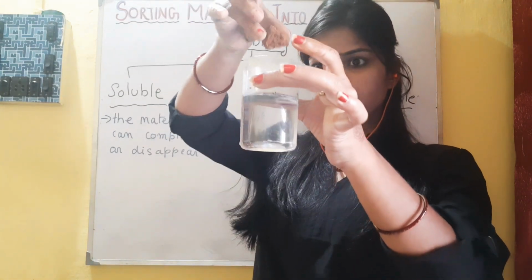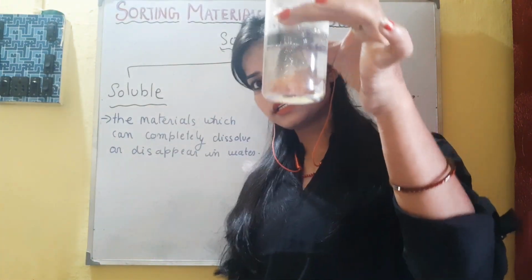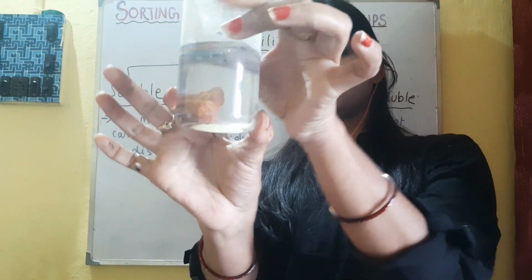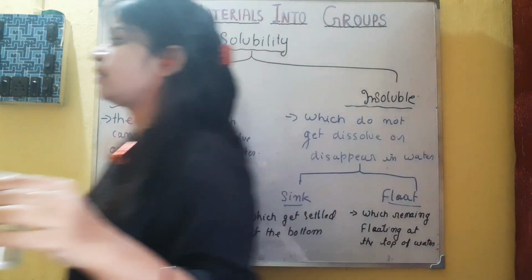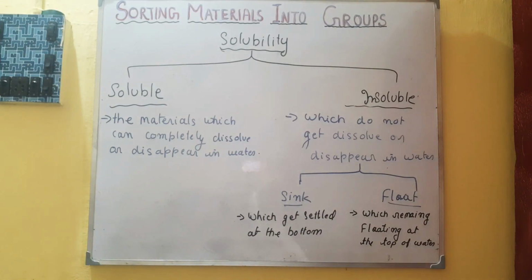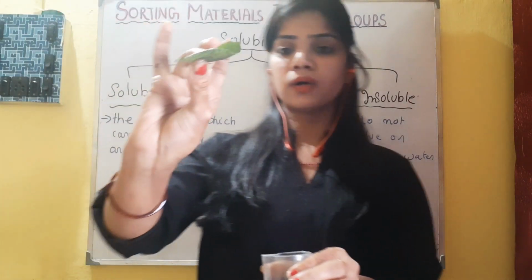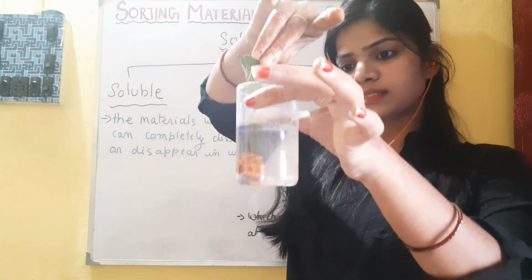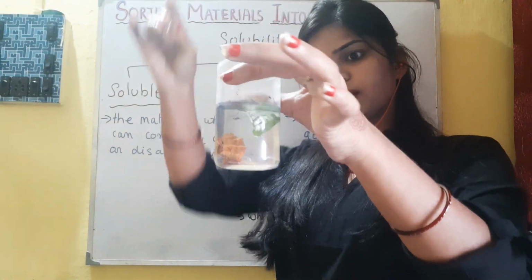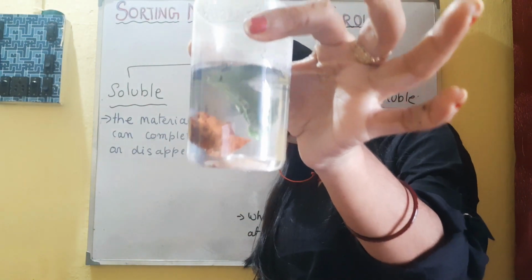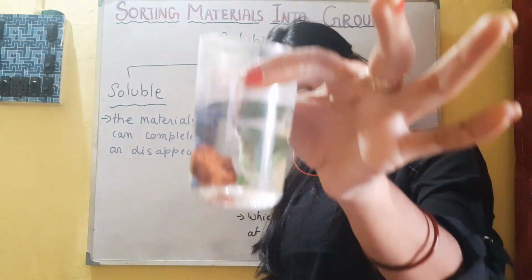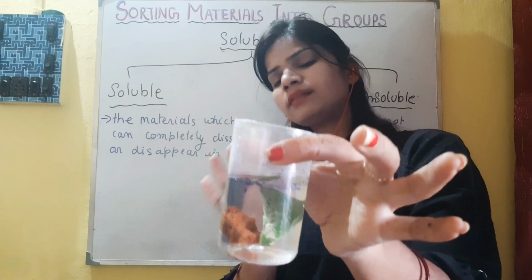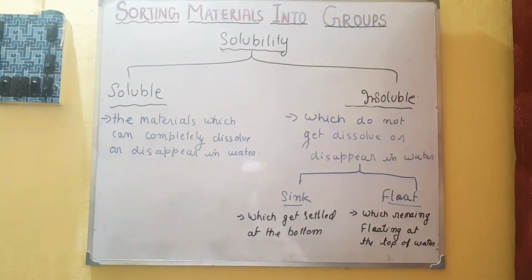I'm putting this stone in the glass. As you can see, the stone gets settled at the bottom, isn't it? Whereas I'm putting the leaf, okay, this is the leaf. I'm putting this in the same glass. Can you see the leaf which is floating? It hasn't settled at the bottom of the water.